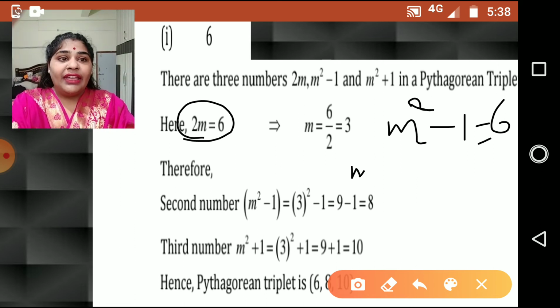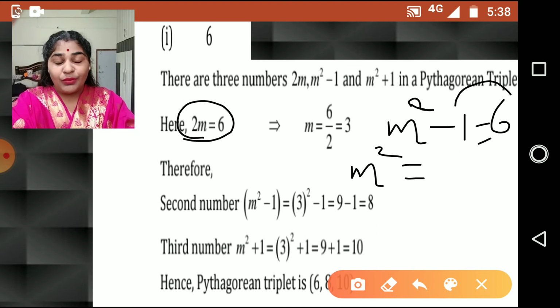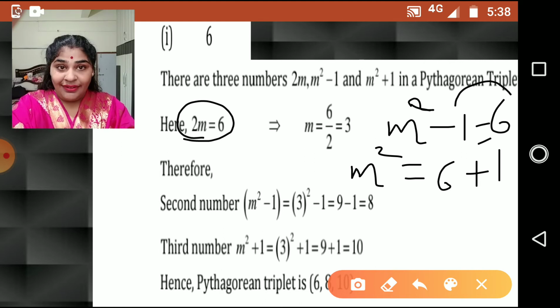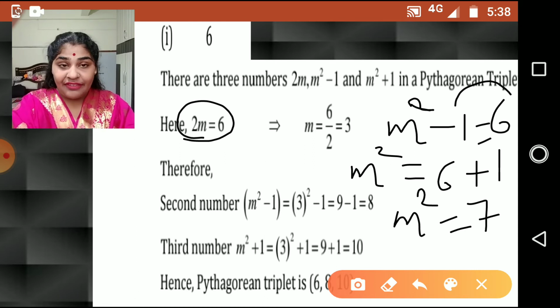So m square is equal to, I transpose this 1 to the other side, minus 1 will become plus 1. So m square is equal to 6 plus 1, which is 7.